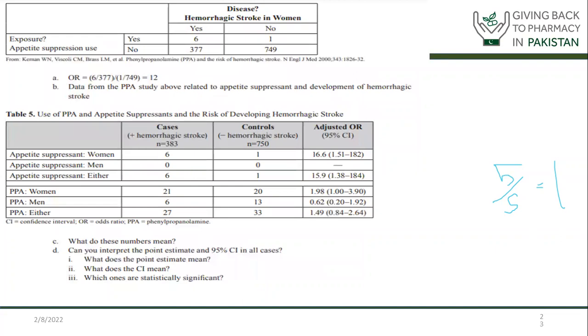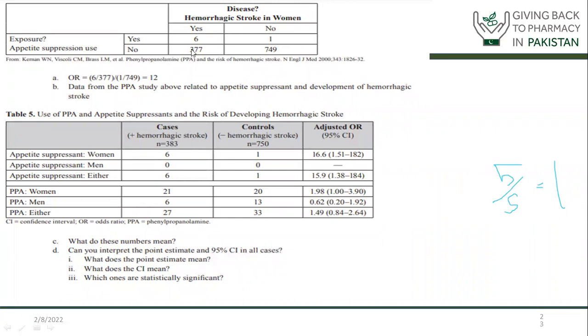Here we discussed the PPA and hemorrhagic stroke example. You remember? The exposure is appetite suppressant use, whether the patient is using it or not. We just look at the women. How many women are using? 7 women are using an appetite suppressant, but 6 got hemorrhagic stroke out of 7, and 1 didn't.